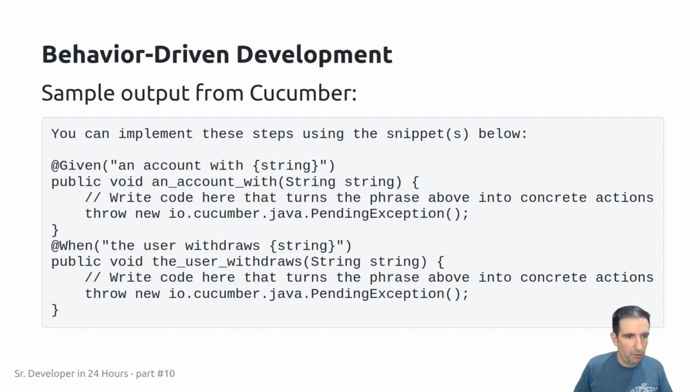We would get some output that says, hey, to implement the steps, you want to use the snippet below. We get the signatures, we get the annotations, and then it is up to us to write the Java code or whatever language we're using to create the glue logic between the behavior-driven scenarios and the actual code that we're going to test with this setup.